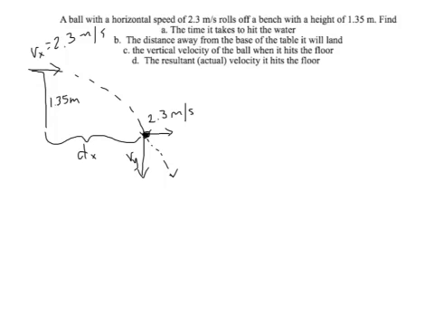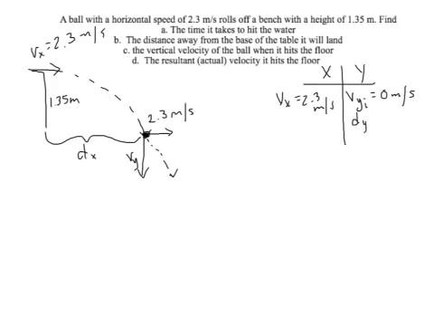So the first step is to gather all of my data or organize all of my variables. I know the velocity in x is 2.3 meters per second. I know the velocity in y initial is 0 because the object is projected horizontally. I know the displacement in y is going to drop 1.35 meters, so that's negative.